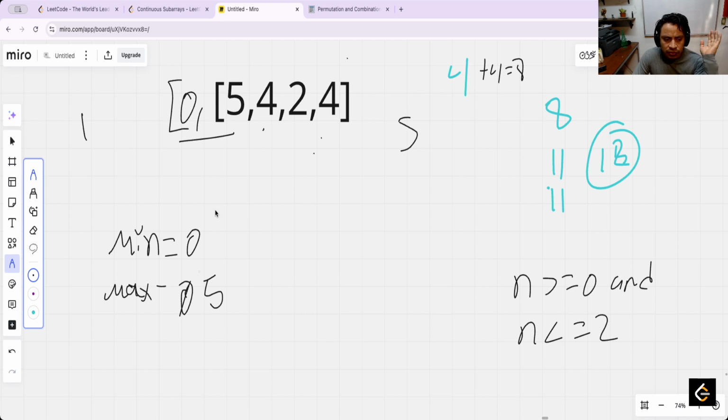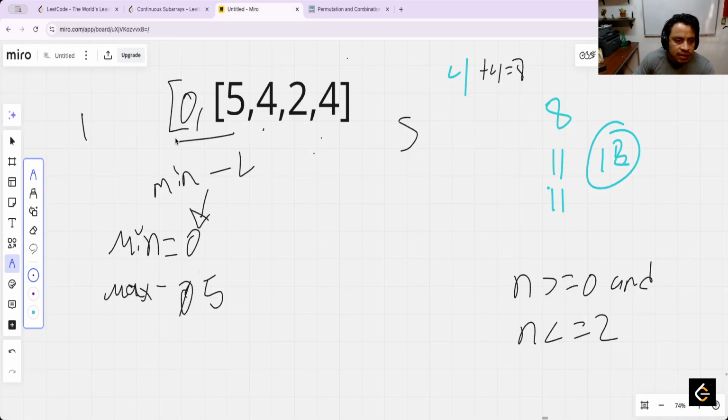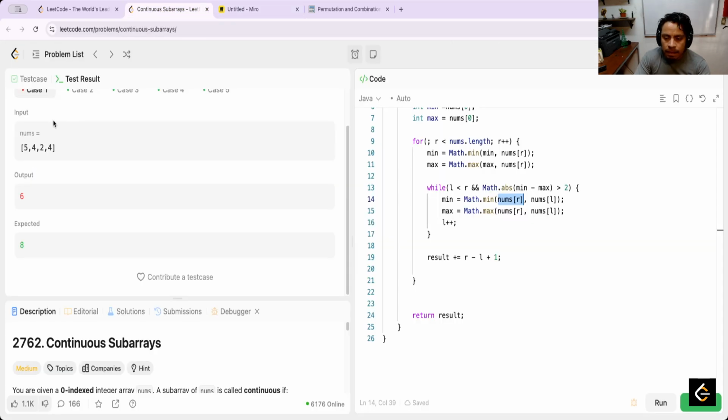Okay, I need to remove this, and now it is between min and L. Between min... no, because if min is 0... no, I think that this should have only this.